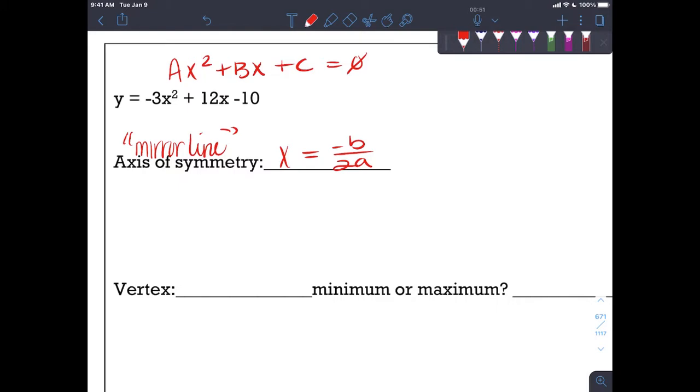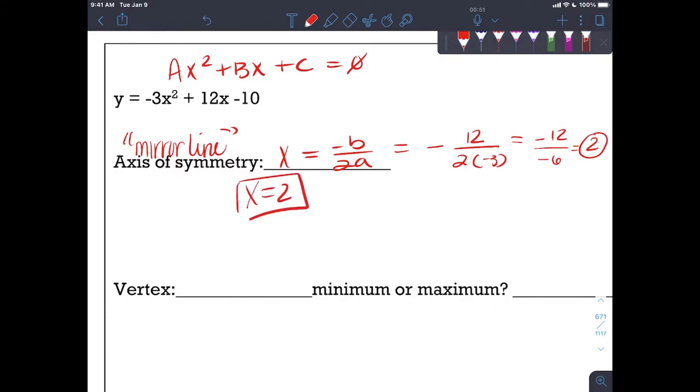Always it has an equation of x equals some number. So let's plug those in. My axis of symmetry is located at x equals 2.